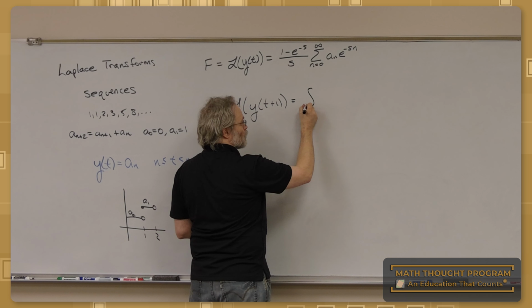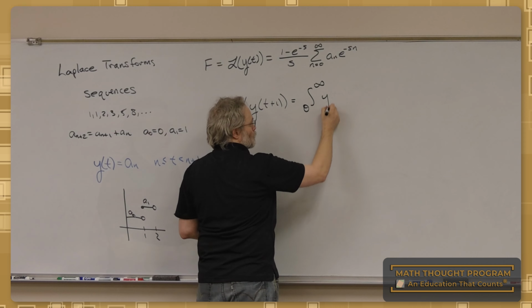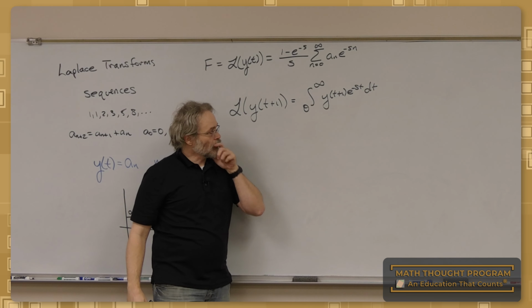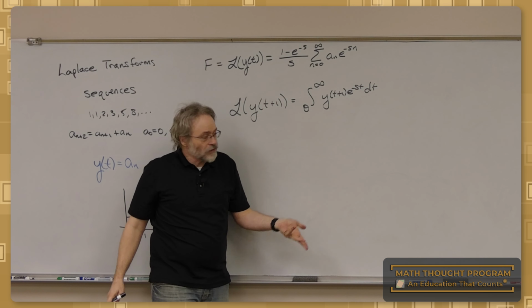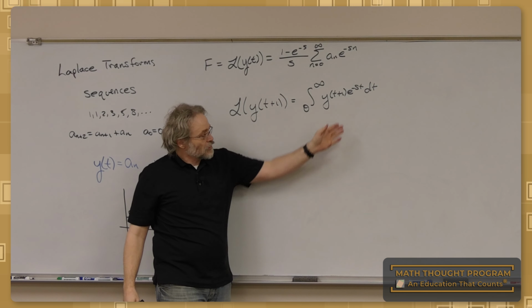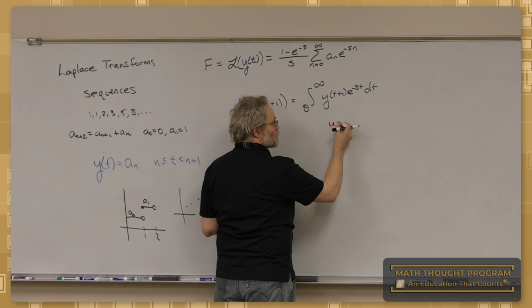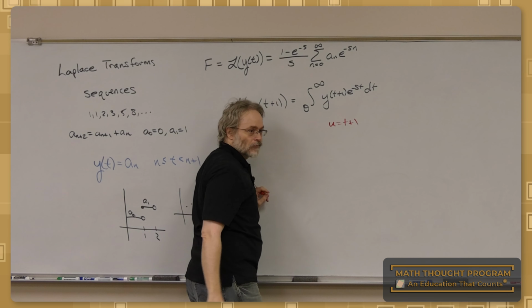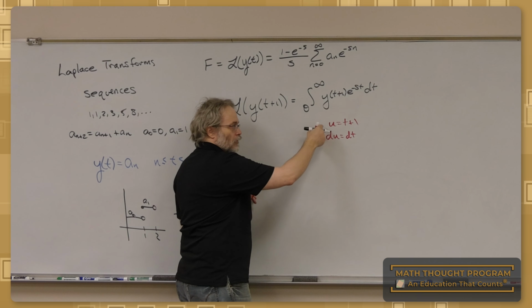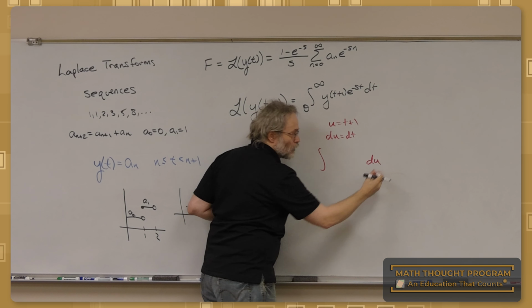So once again, we can apply the definition. And one thing you can do is a u substitution. What if you set u equal to t plus 1? Under this protocol, you're integrating in terms of t, and I'm now going to be integrating in terms of u.